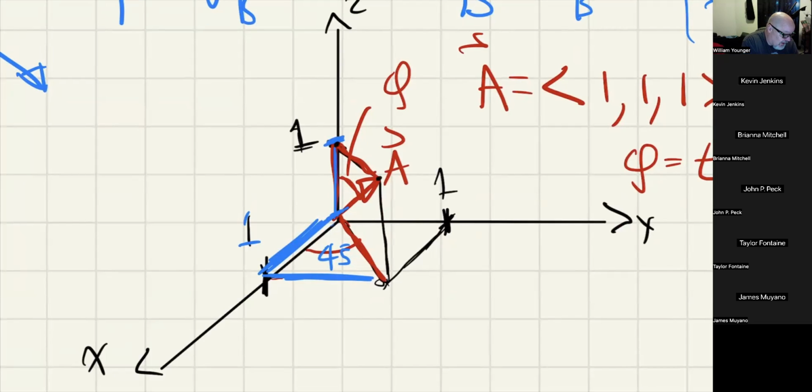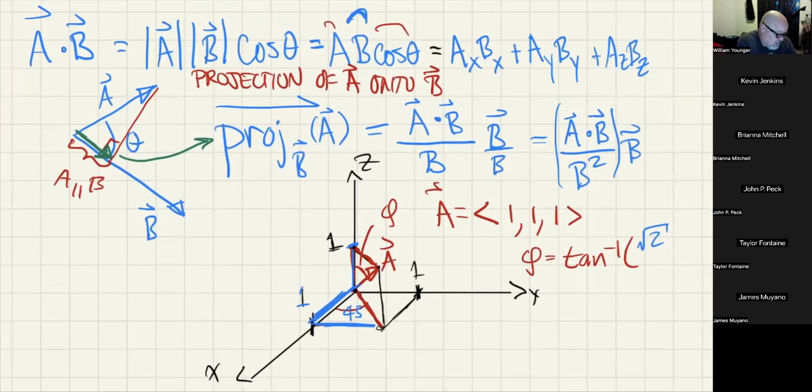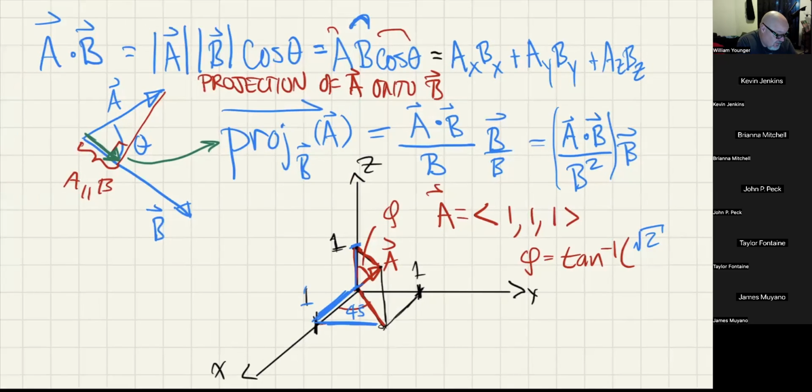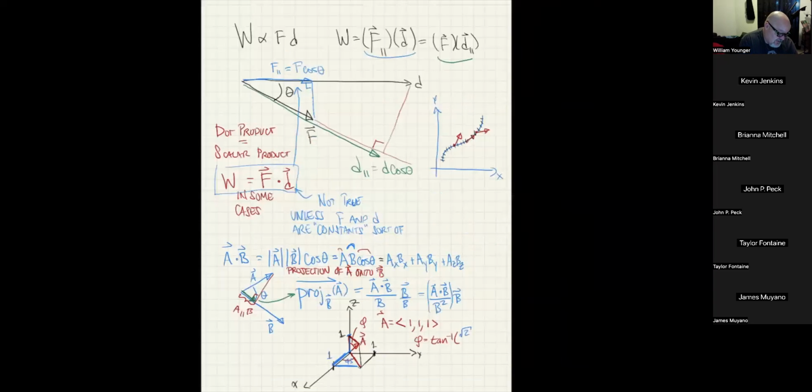Now take that black dot up there on the Z axis. What I want to know now is how far is it to this black dot at the origin? So in other words, how far along the Z axis is it from the origin to where this red opposite line hits the Z axis? Y'all see that that is 1?